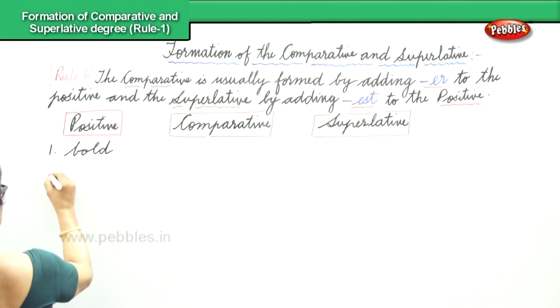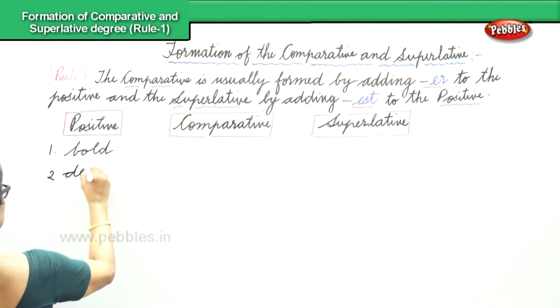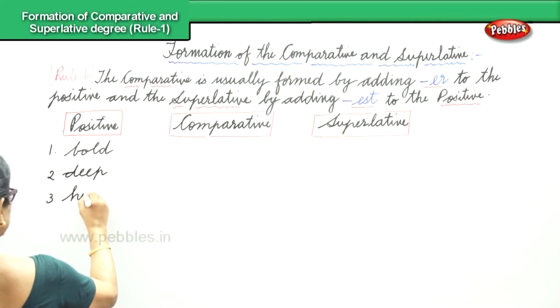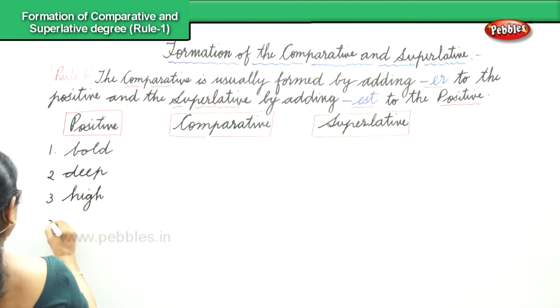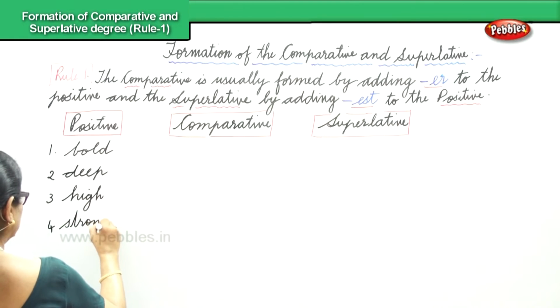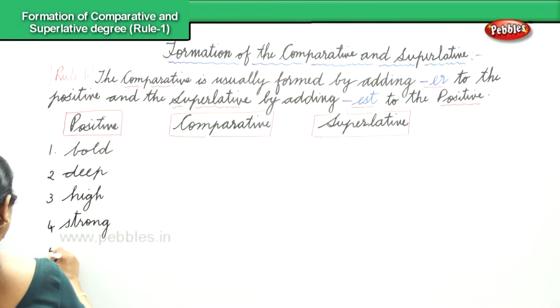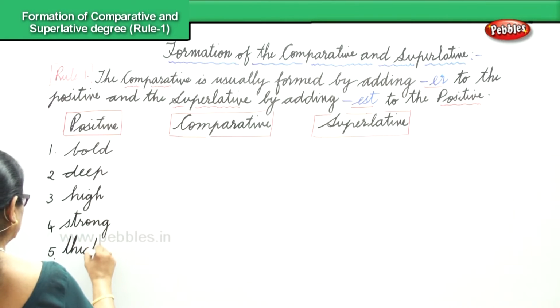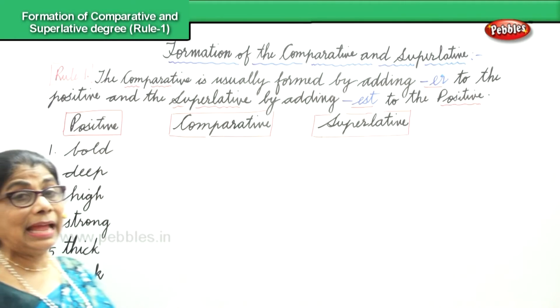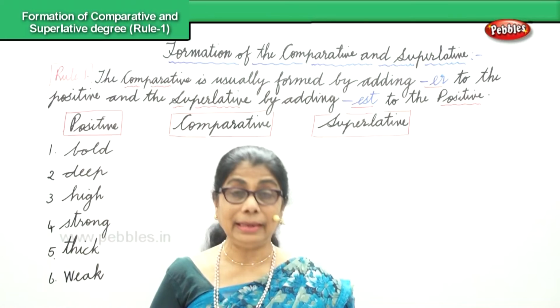Deep, high, then we have strong, then thick, and weak. We have here 6 positive degrees of adjectives.